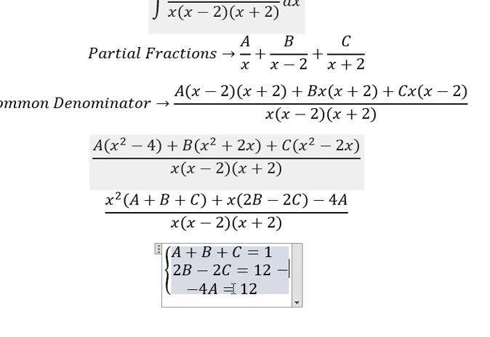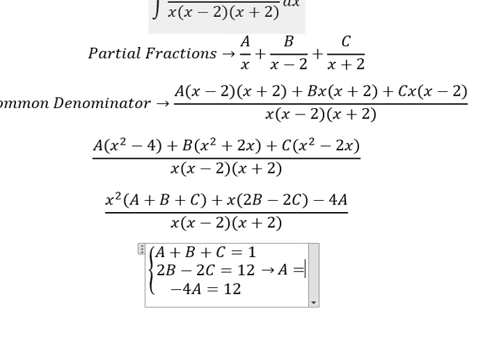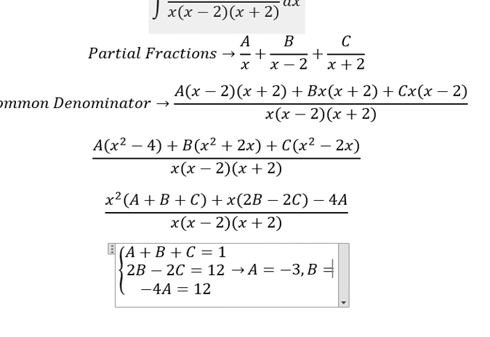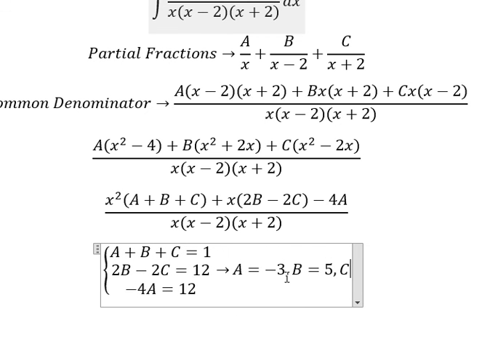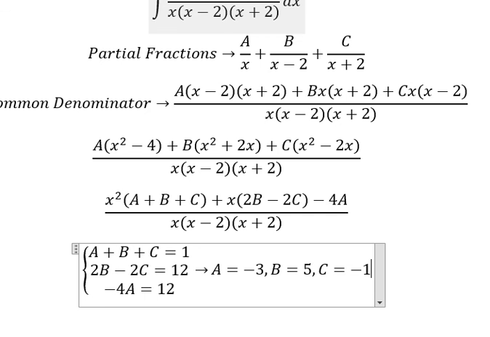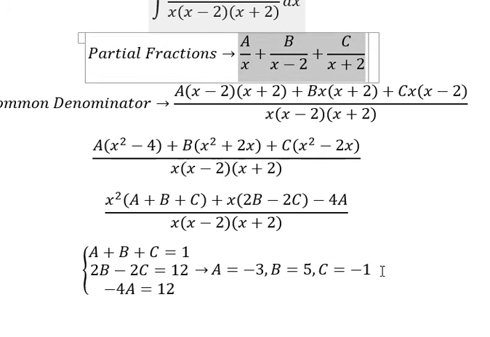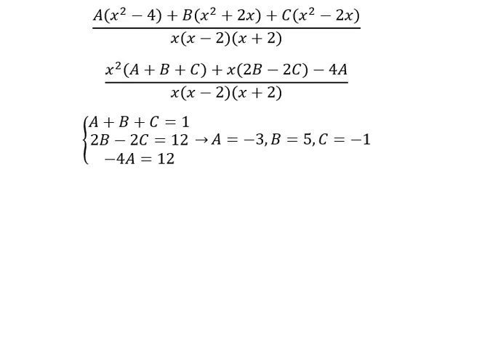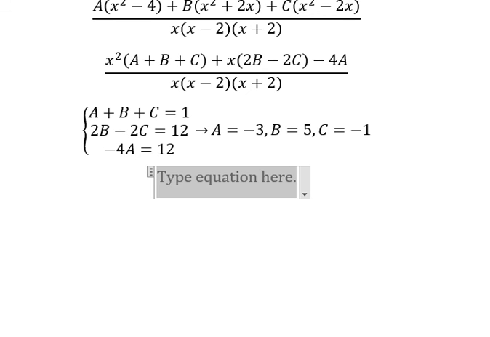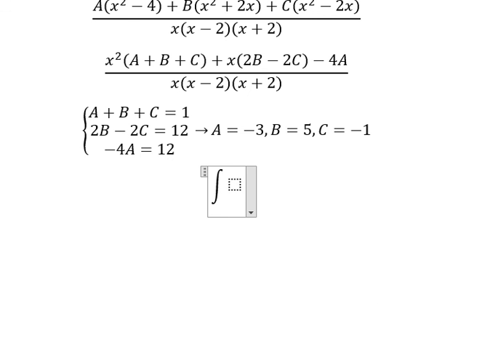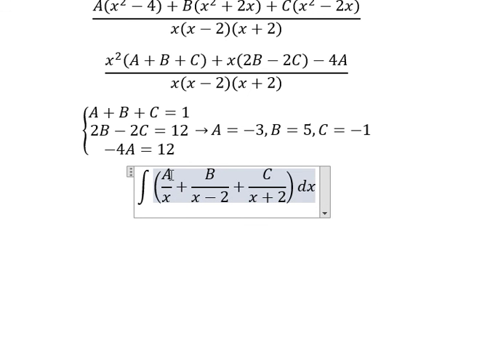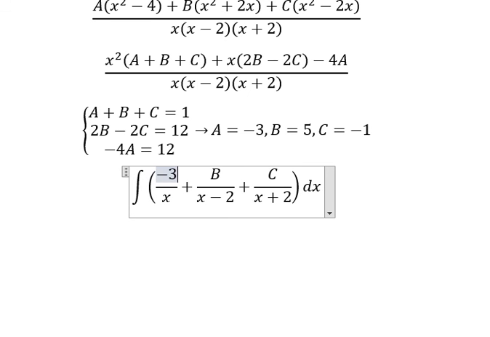Now we need to find the solutions of A, B, C. So A equals negative number 3, B equals number 5, C equals negative number 1. And now we put A, B, C in here.